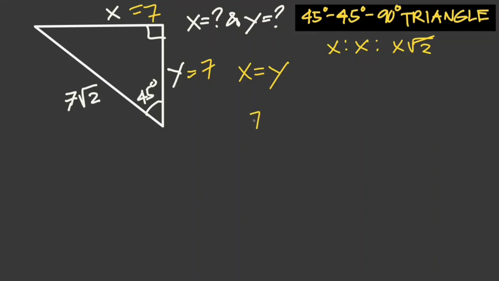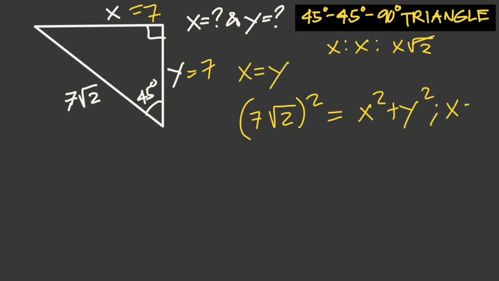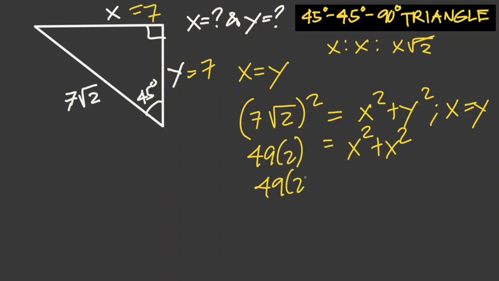So our hypotenuse, 7 square root of 2, squared, equals x squared plus y squared. And take note that x is just equal to y. Therefore, we can write this as x squared plus x squared. 7 square root of 2 squared is just 49 times 2, which equals 2x squared.